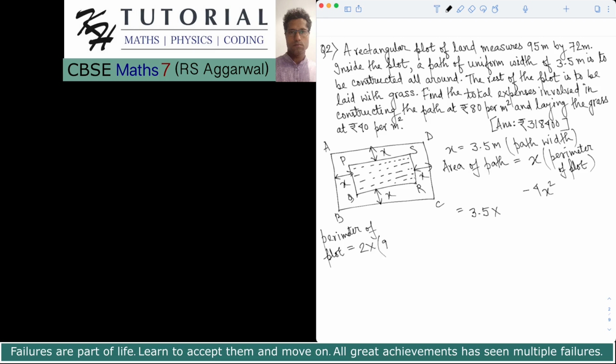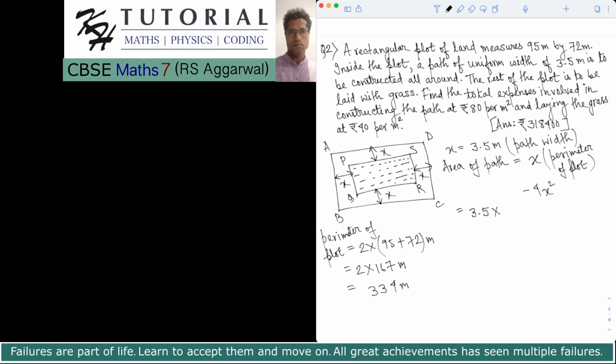Length is given to be 95 and breadth is given to be 72. So this is equal to 2 multiplied by 167, which is 334 meter. 334 meter is the perimeter of the rectangular plot.